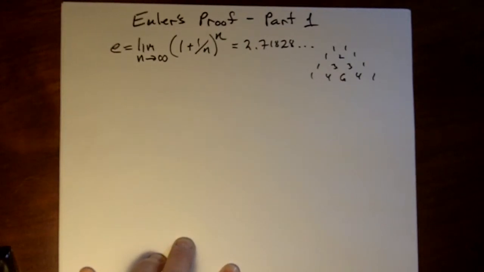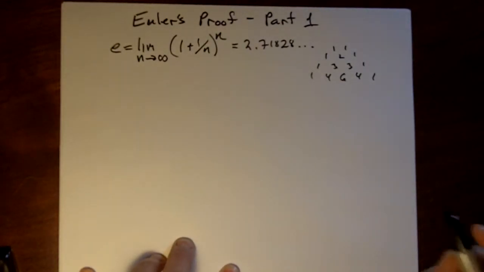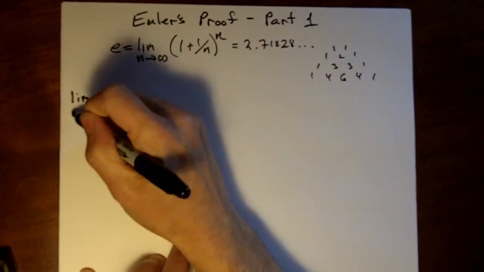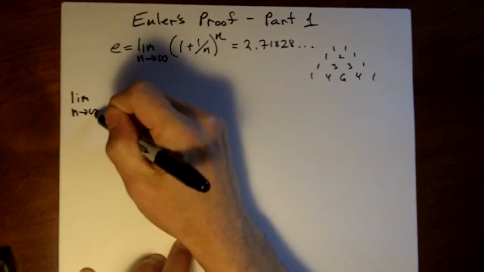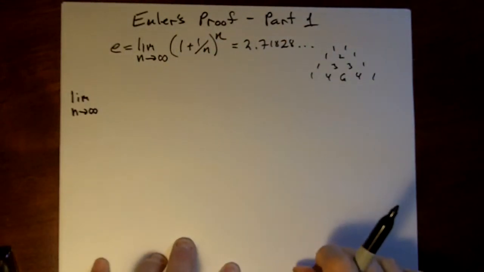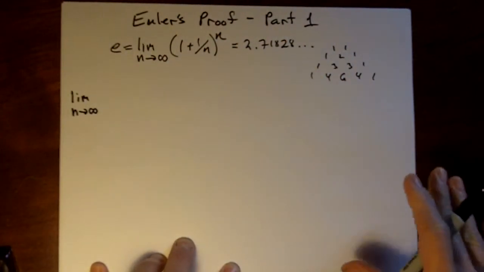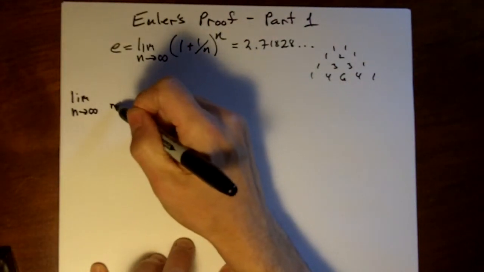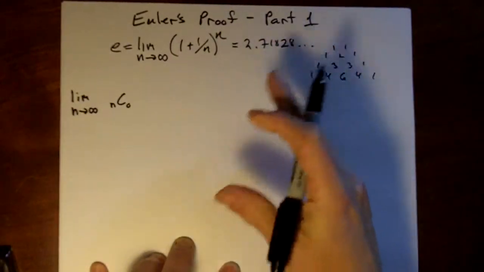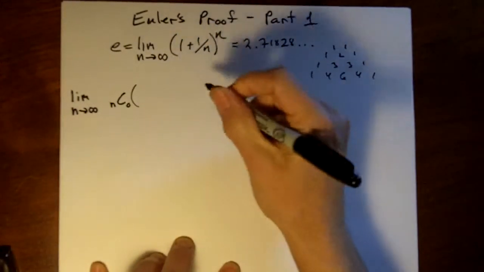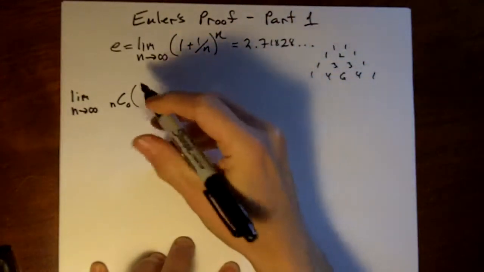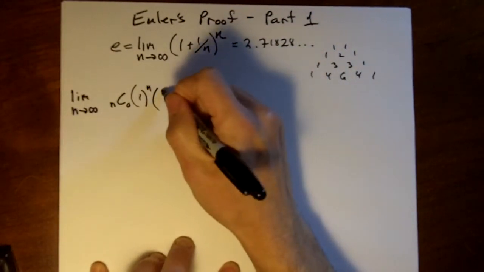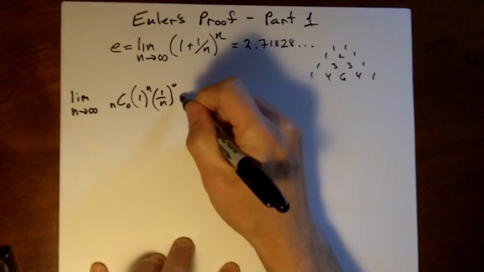So let's think about what this is going to look like when we expand it. We still need a limit all the way over here, and n is going to infinity. But let's not think too much about that infinity. Let's just think about what the terms would look like. The first term is going to look like nC0, that's the coefficient, times the first term raised to the nth power, times the second term raised to the 0.